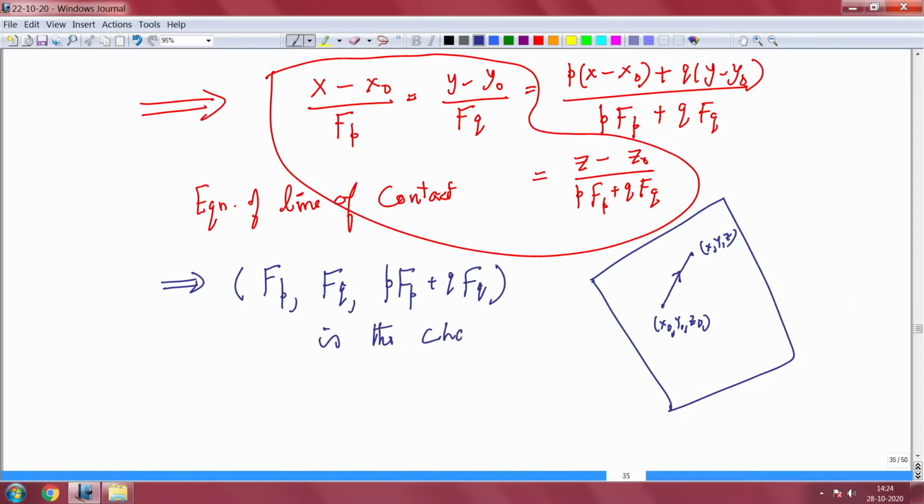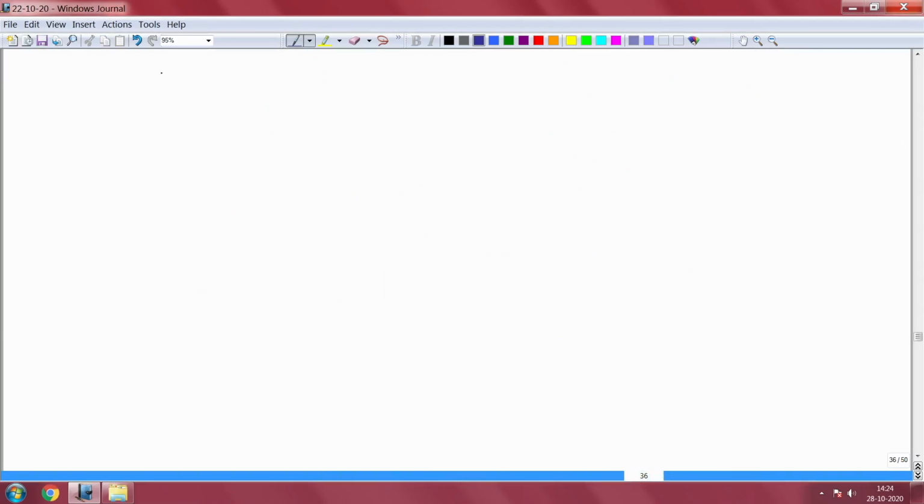Once you get the characteristic direction, you can immediately introduce your characteristic curves, and then we will see the difficulty.